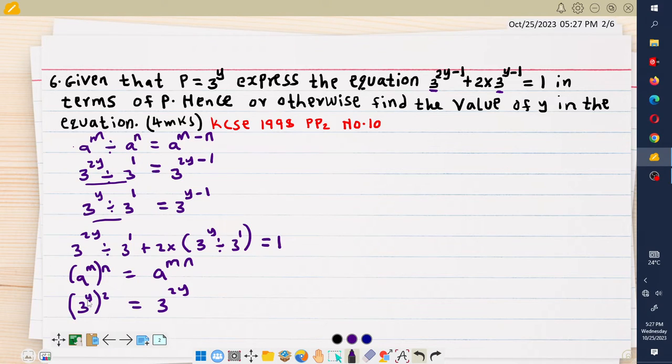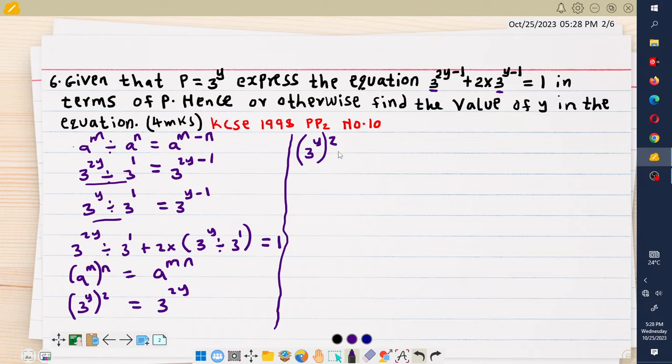But I'm putting the y into bracket because I need to obtain 3 to the power of y, so that I can easily perform my substitutions. So substituting the values in this equation, I'm going to have 3 to the power of y, then of course into 2, which will be a squared, then divided by 3 power 1.